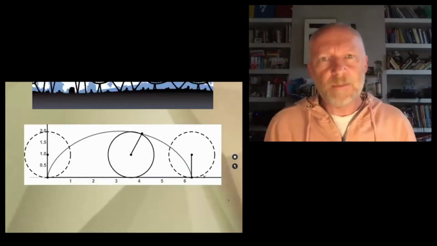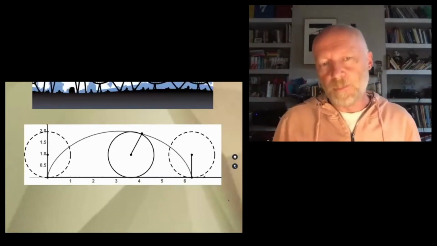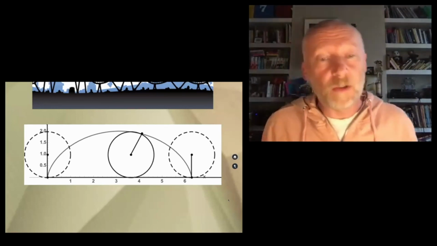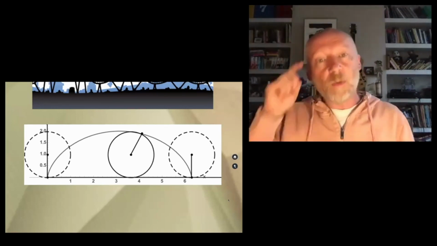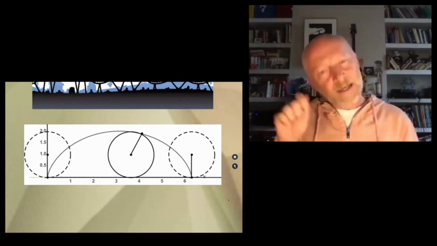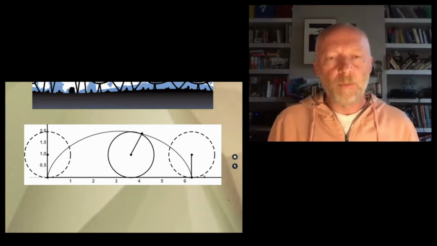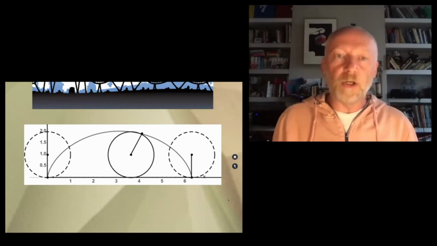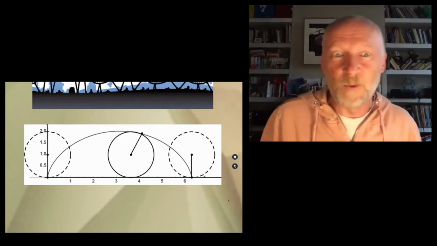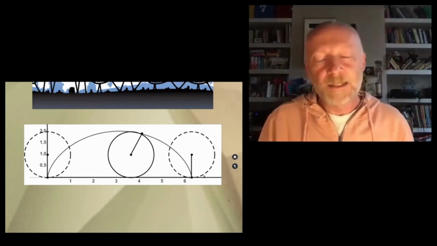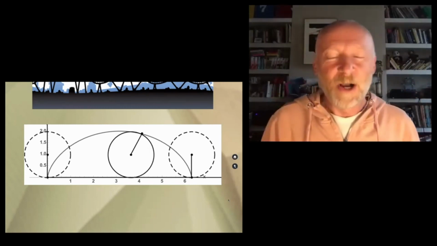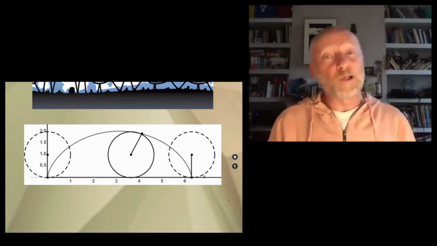If you take a bicycle wheel, for example, and put a pen on that bicycle wheel, roll the wheel along the surface and see what the trajectory is that's drawn out by the pen stuck on the side of the wheel. This particular curve turns out to be the solution which calculus will identify for you as the fastest way to get from A to B if you turn it upside down on a roller coaster ride.